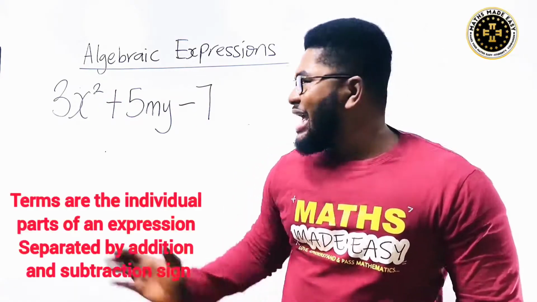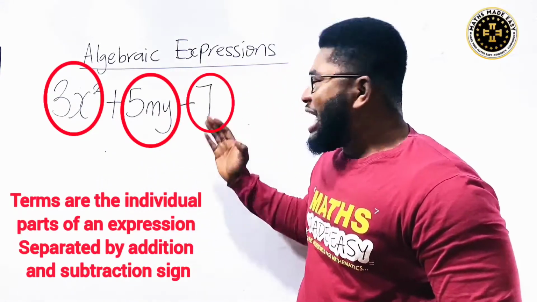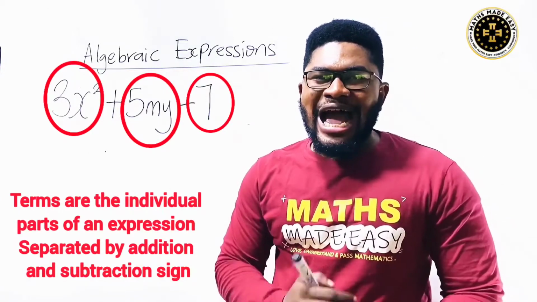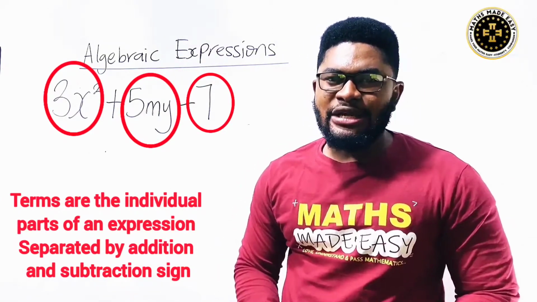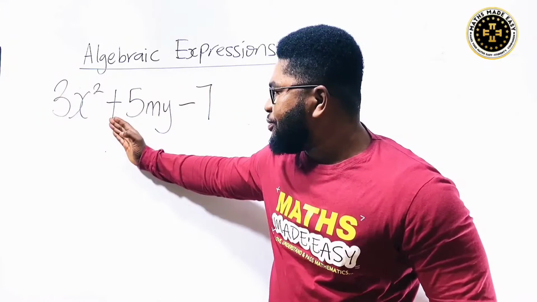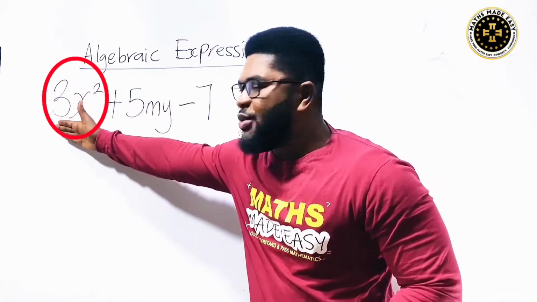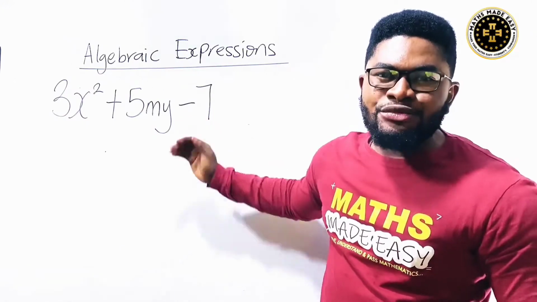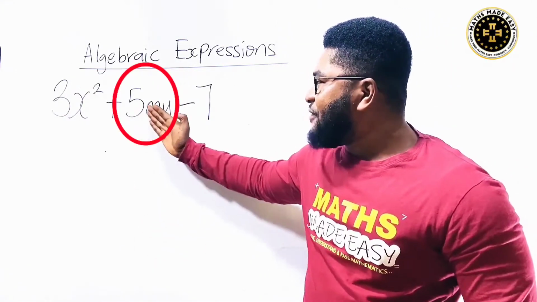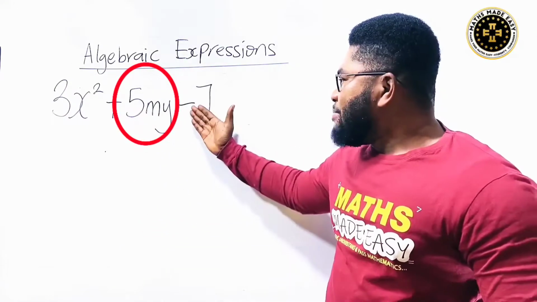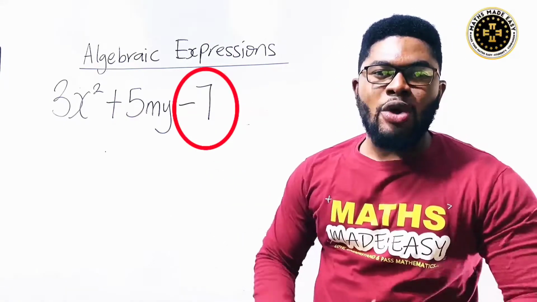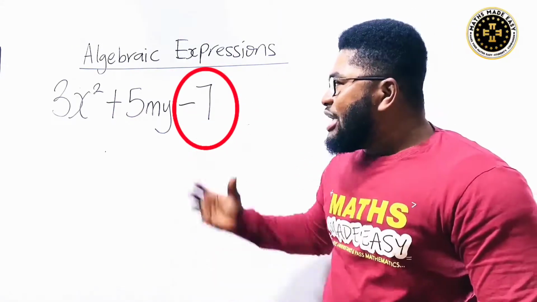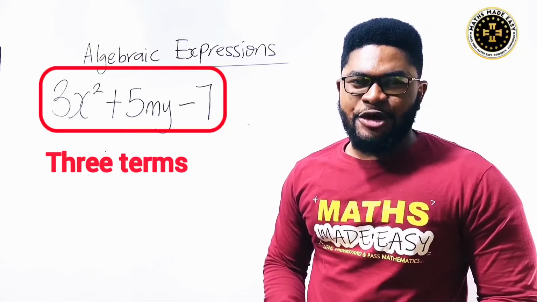The terms are the individual parts of the expression separated by the addition and the subtraction signs. Since there is an addition sign here, the first term becomes 3x squared. Since there is a subtraction sign here, the second term becomes 5my. Minus 7 is also another term. So there are 3 terms in this expression.